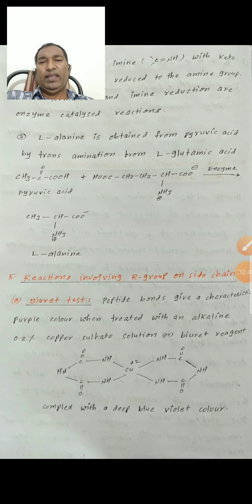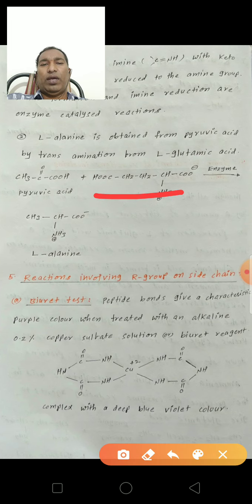Second one is L-alanine. L-alanine is obtained from pyruvic acid by transamination from L-glutamic acid. See here, this is the pyruvic acid, which reacts with glutamic acid in the presence of an enzyme and converts to L-alanine.